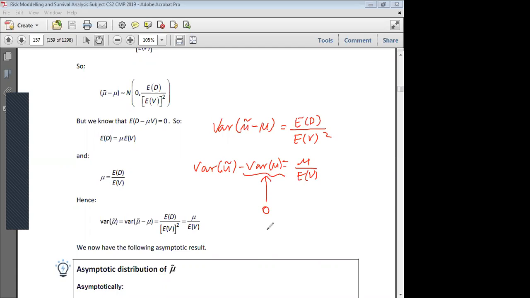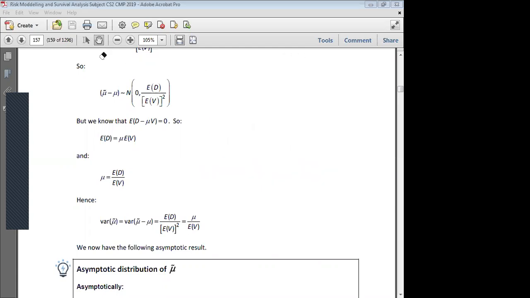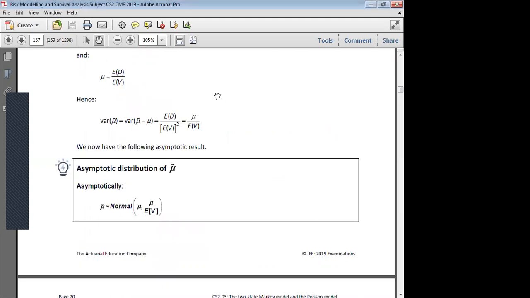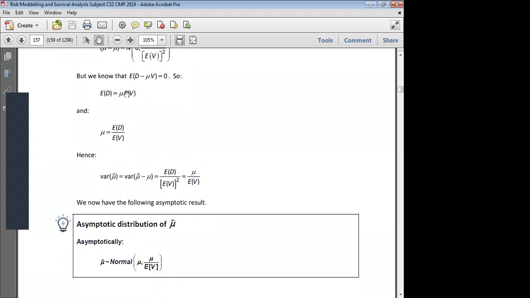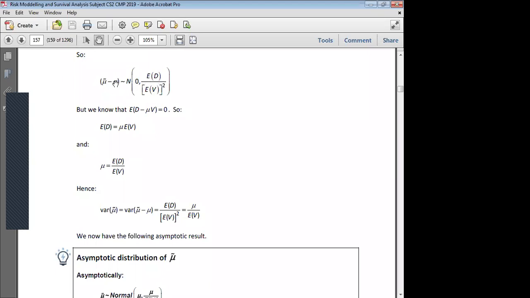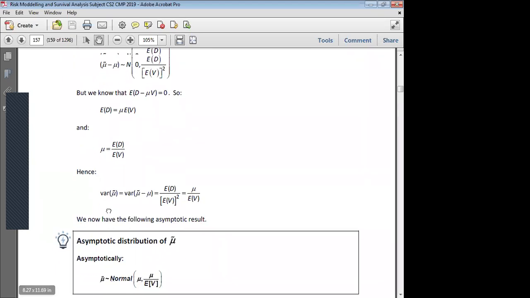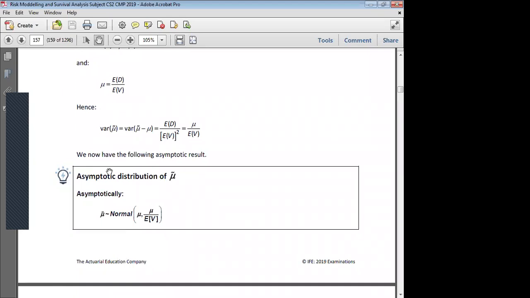That is why your mu tilde has a normal distribution with the mean mu, as I said, and the variance precisely the same as this guy would have, because mu is just a constant. By subtracting mu from each observation, you won't change the variance of what you're looking at. Does this make sense?